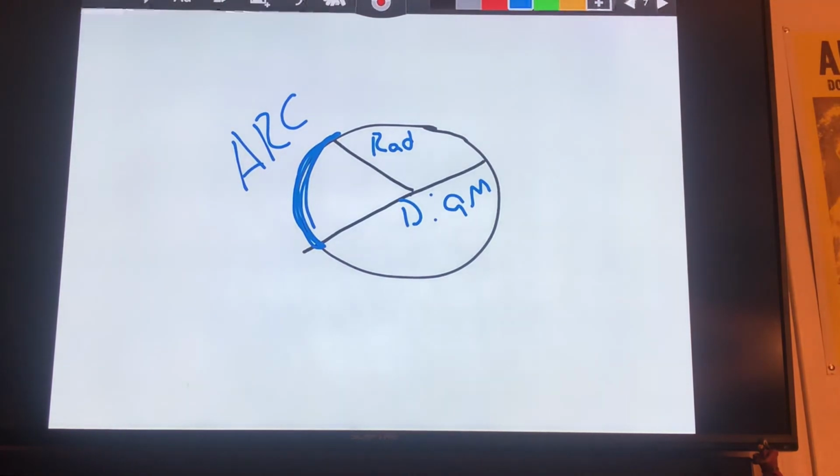Alright, and when I talk about a central angle, a central angle is the angle that the radius, the diameter, and the arc make up right here. That would be your central angle, and I'll put CA for central angle. So we've got arc, central angle, radius, diameter, and I'll even draw another one so you can bring the chord in.